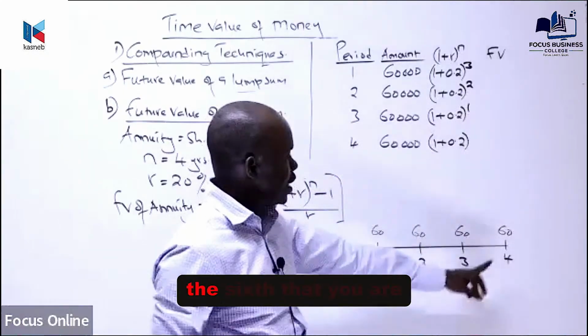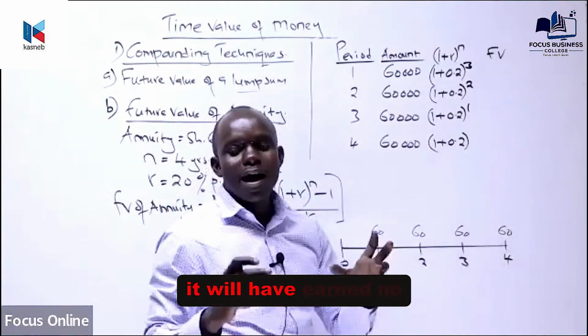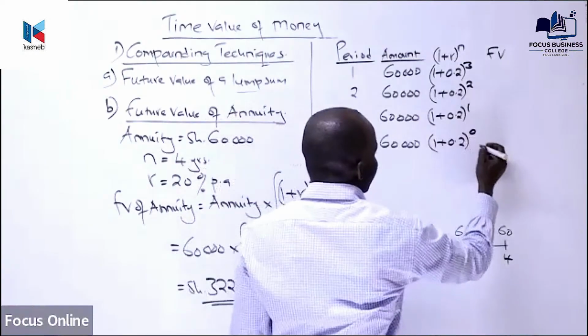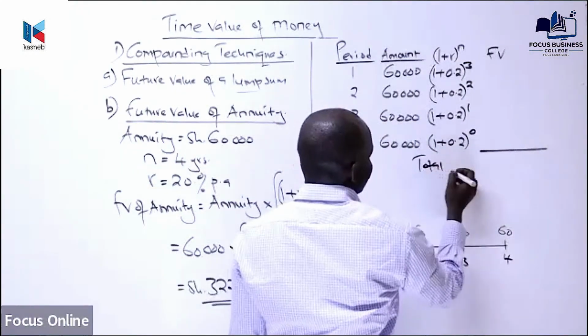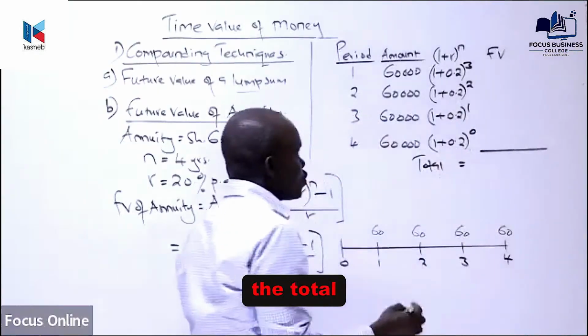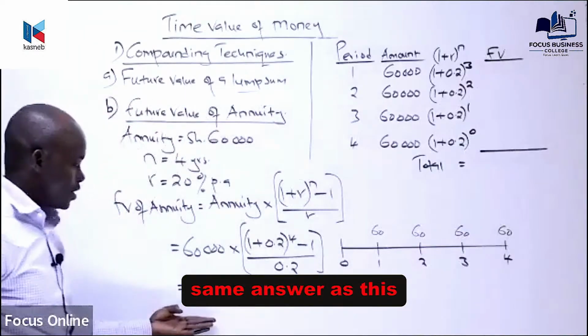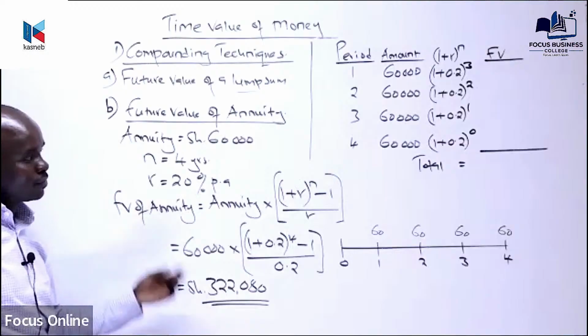And the last one, the 60 that you are investing at the end of year 4, will have earned no return, so you say power 0. So multiply and get the total. We should be getting the same answer as this.